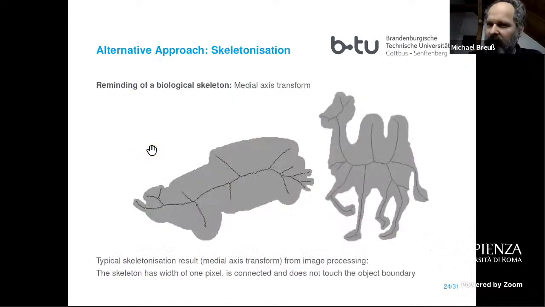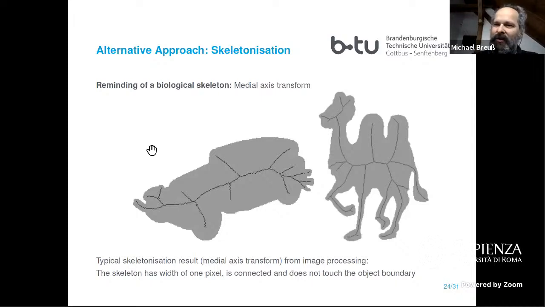Okay, very quickly about the second approach, I just have a few slides about it. When you look into image processing and want to think of doing something for stiffness enhancement, you can compute something that resembles a biological skeleton. This is the classic medial axis transform. The process is called skeletonization.